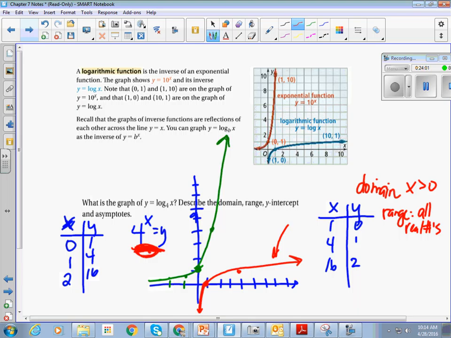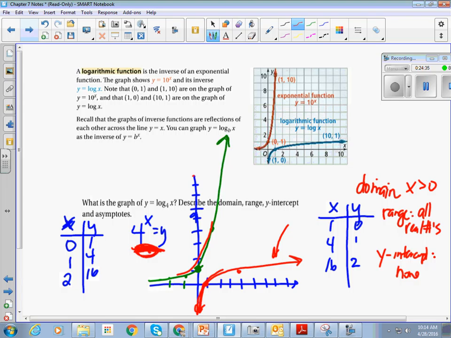The y-intercept, so when does this cross the y-axis? Never. So there is no y-intercept. And you look, its inverse never crosses the x-axis. So it makes sense that its buddy inverse would never cross the y, because those are just switched. So the y-intercept is none, and then the asymptotes.